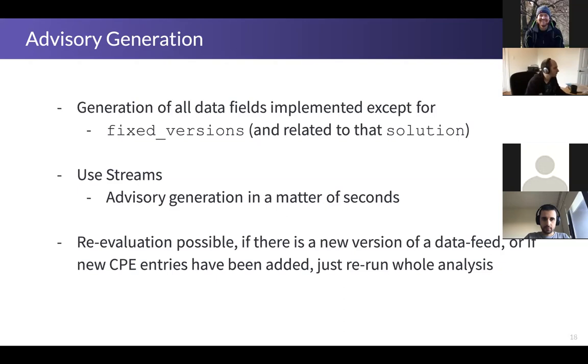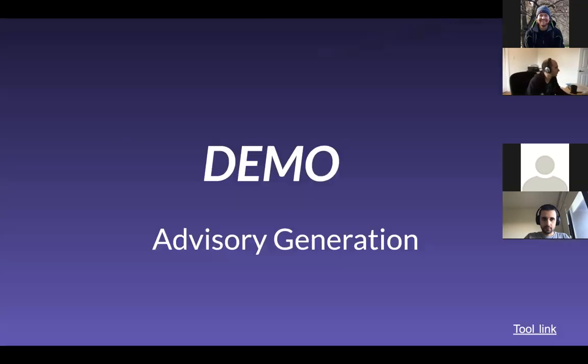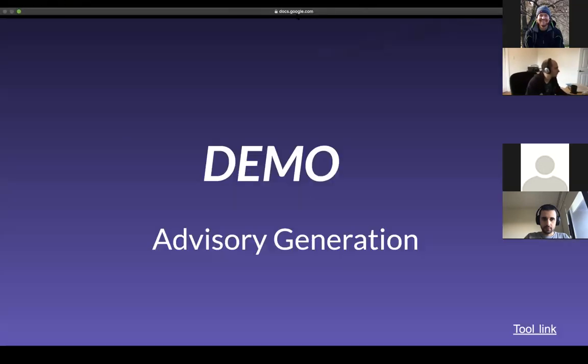This is due to the fact that you might add CPE map entries at a later point in time, and you might even want to re-evaluate a feed from 2017 or 2016. Maybe you find something new based on the CPE map entry that you just added. Therefore, I wanted the tool to make re-evaluation possible in a quick way.